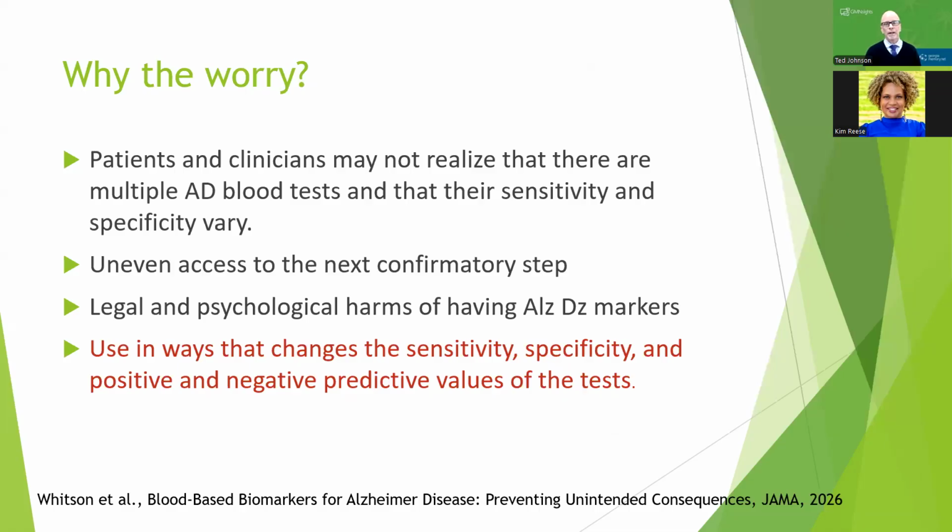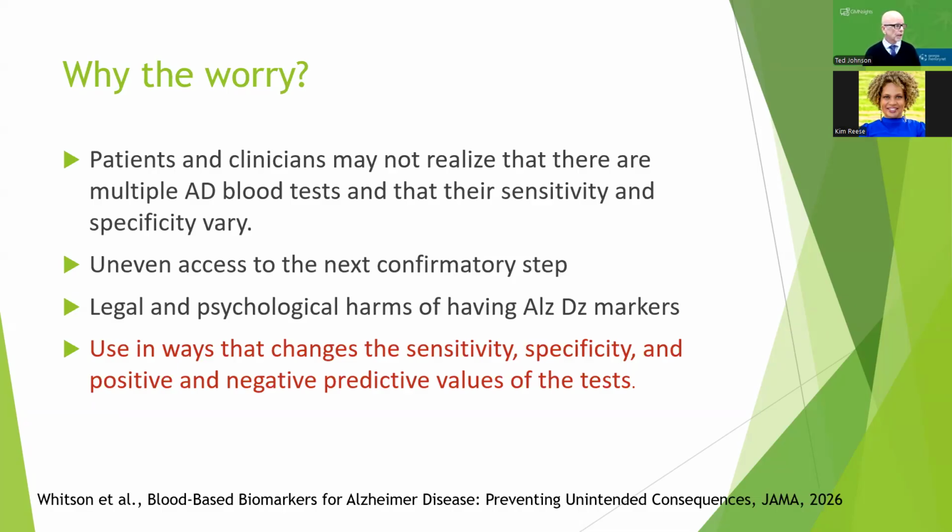I had the pleasure of hearing one of the foremost lawyers in the field talk about what this means with regards to health insurance, long-term care coverage, and whether or not this is discoverable when you go for life insurance. So there are some consequences of having a test and certainly having a positive result.